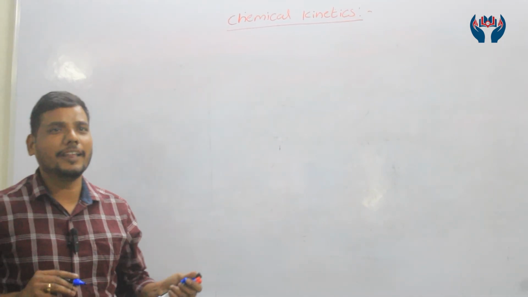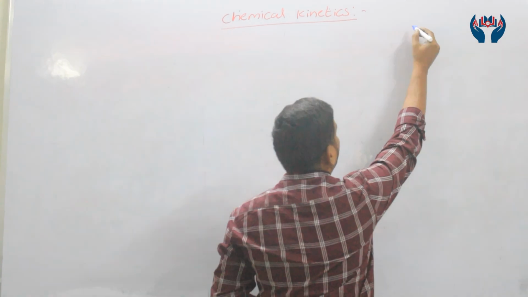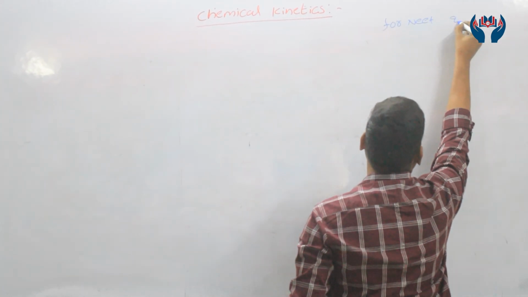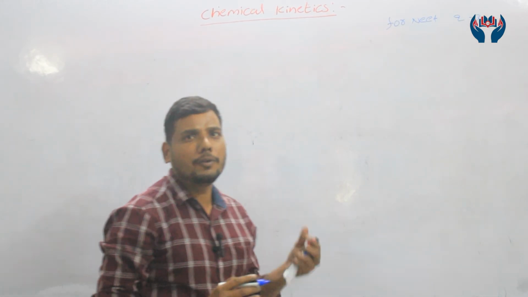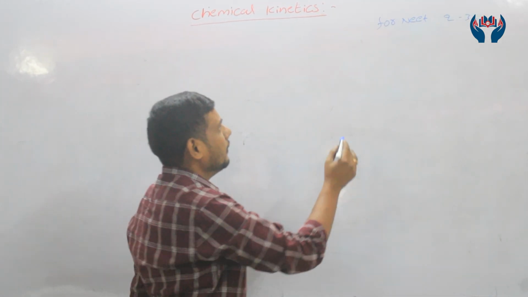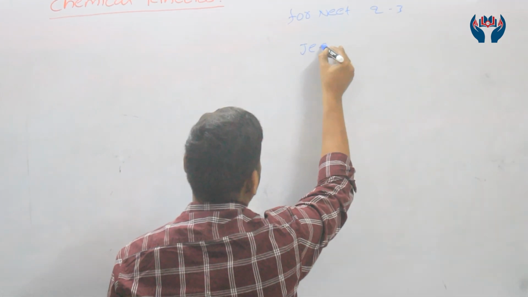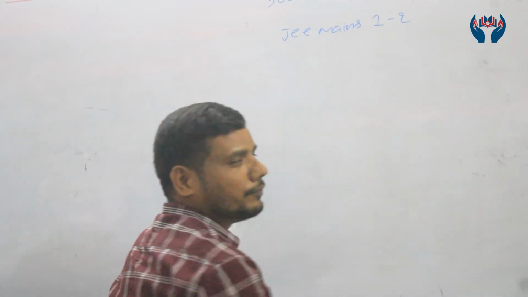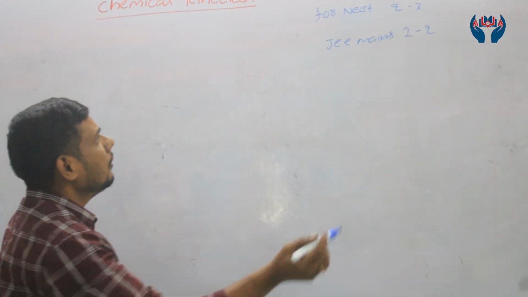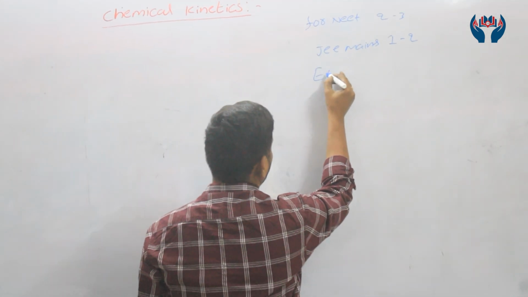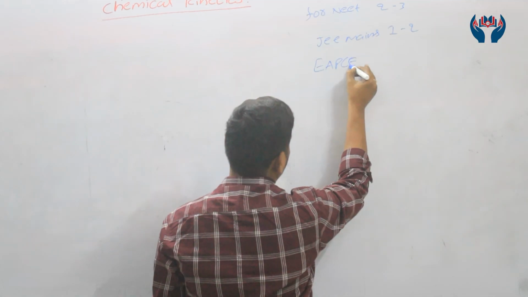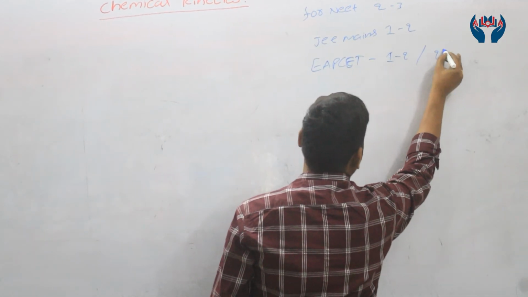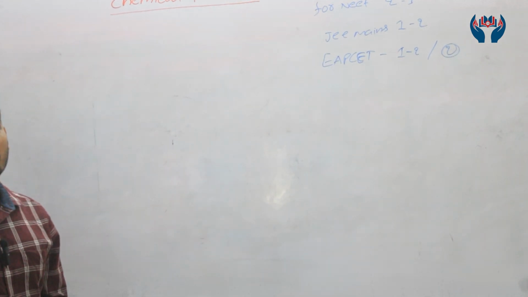In this chapter, the weightage for NEET is 2 to 3 questions, for JEE Mains the weightage is 1 to 2, and for EAPCET also 1 to 2, a maximum of 2 questions from this chapter.